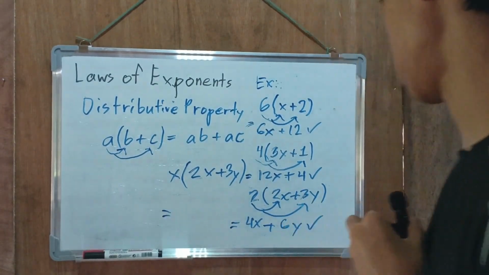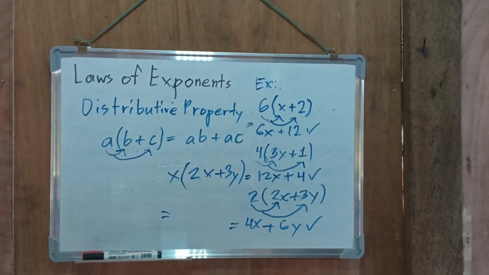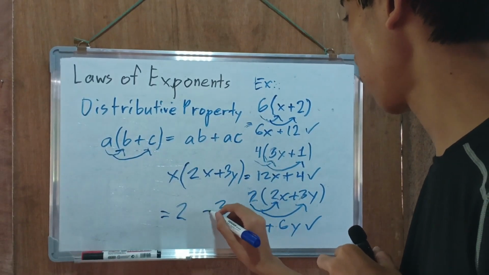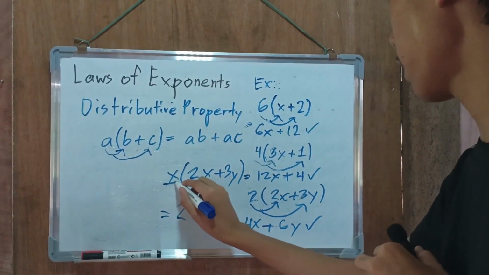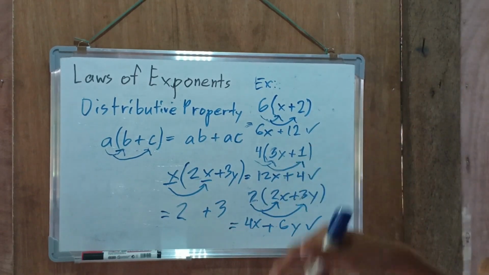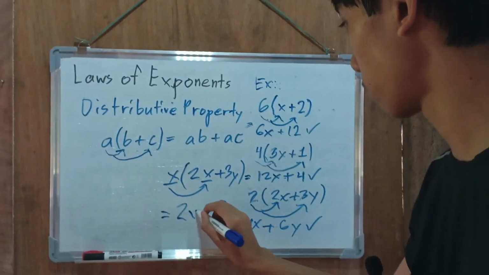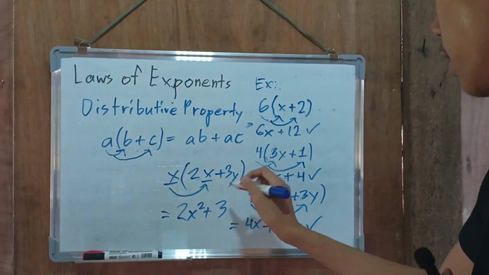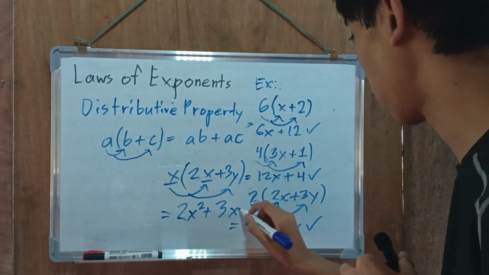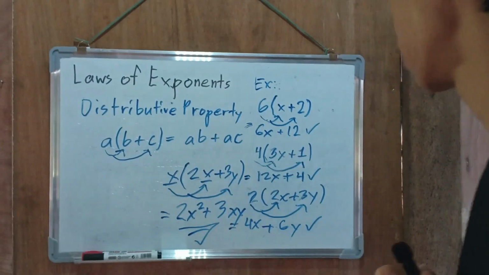Just write it down: we're going to bring down 2, we're going to bring down 3, and put a plus sign. x times x, since under the first rule, x times x equals x squared. And x times xy, you could just leave it and put xy over here. So this is the final answer.